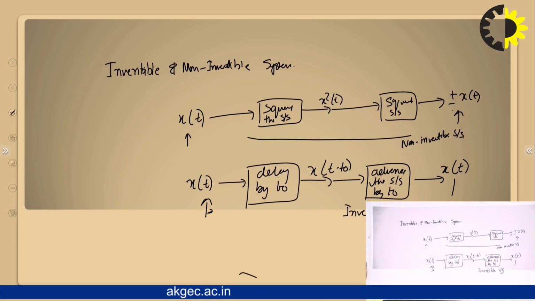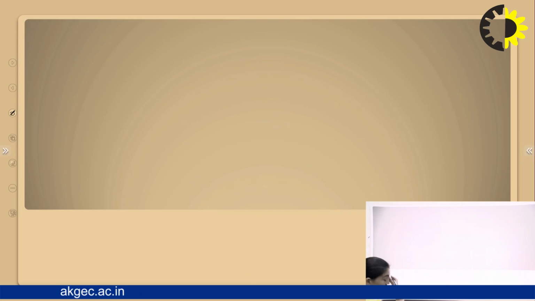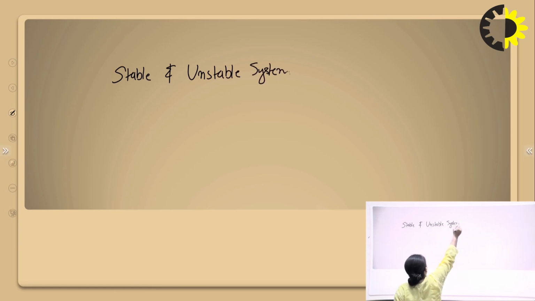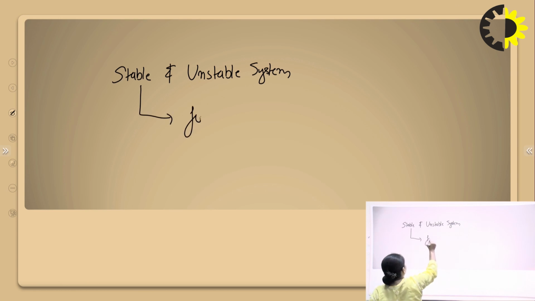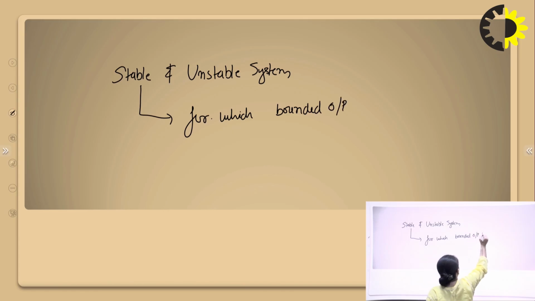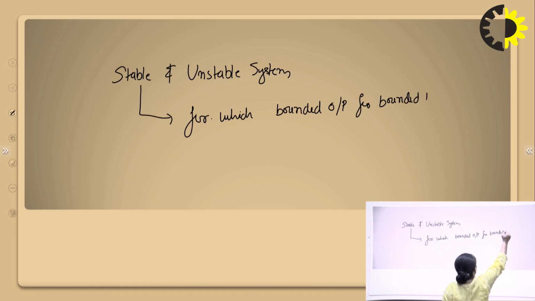Moving to the next part, we have stable and unstable systems. What are stable systems? Stable systems are those for which we have a bounded output for a bounded input.